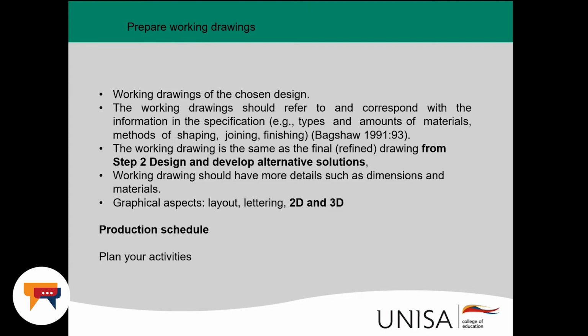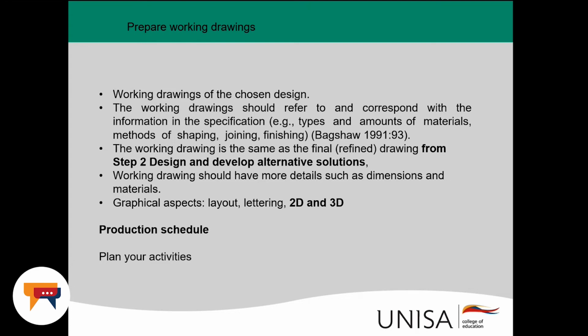Then the next one, as I said, planning includes writing specifications, working drawings, and also the production schedule. The production schedule is wherein you outline your activities, you plan your activities. What is it that you are going to do?